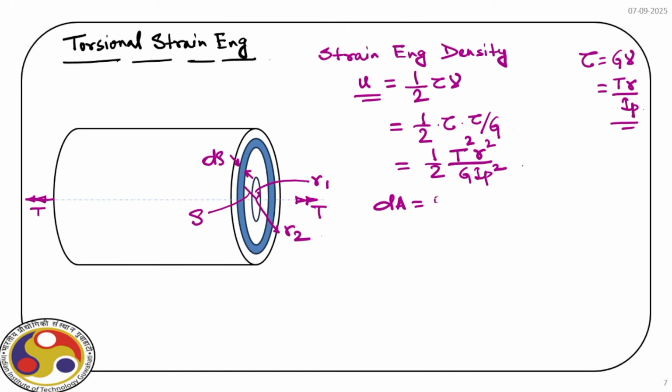Area is 2 pi rho times d rho. So the strain energy stored is dU, which is equal to strain energy density times dA times L.